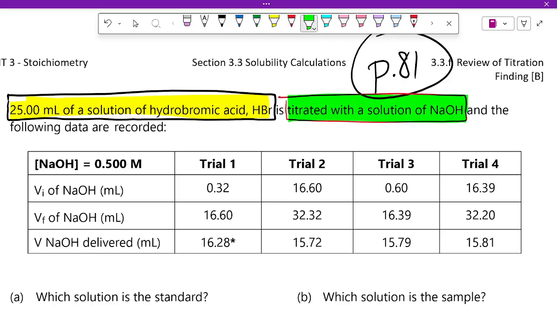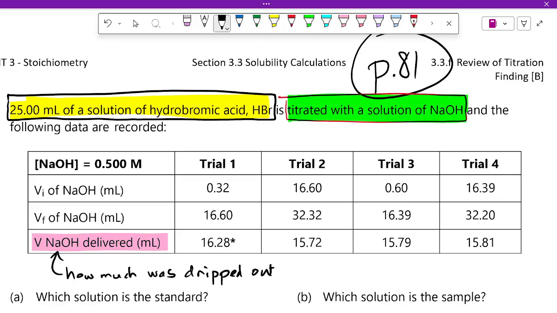So the VI is when you're nearer the top of the burette. The VF is when you're lower down on the burette. How do we find the V delivered? Like how much was dripped out? Yeah, so how would we calculate that?